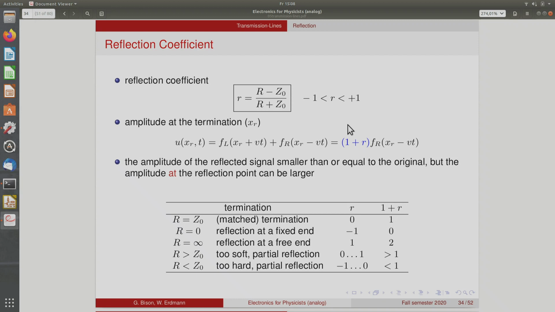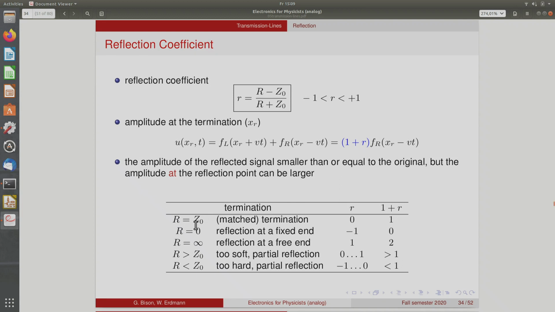Anyway, so the different cases of this equation include what we had before, the fixed end and the free end. So for R equals 0, we have a fixed end, and the reflection coefficient is -1, and 1 plus the reflection coefficient is 0.